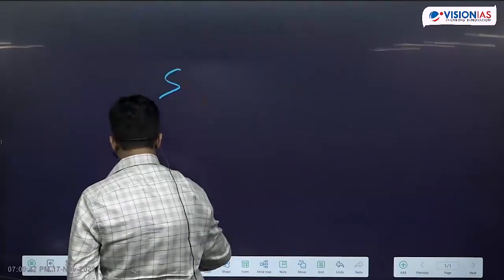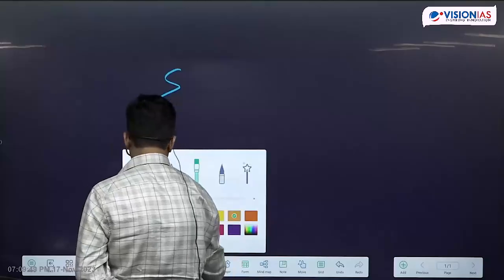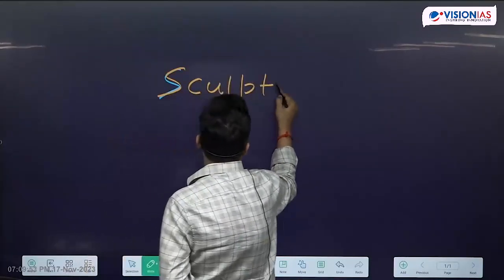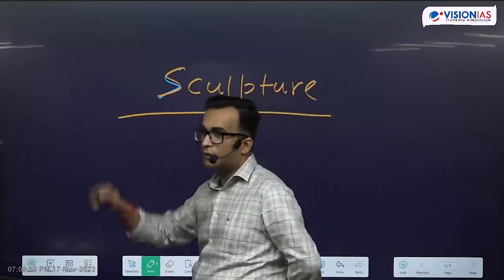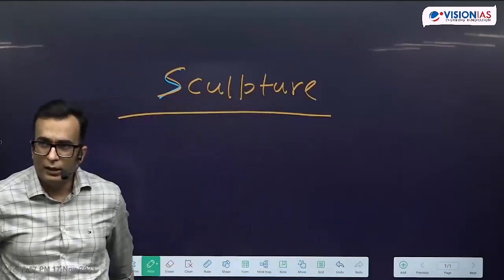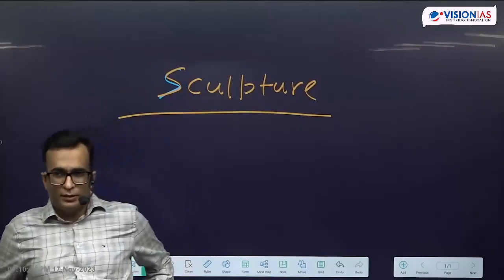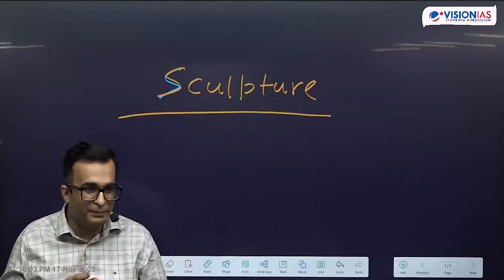So first you write sculpture of the Mauryan age. Now understand that when it comes to Mauryan sculpture, I hope you know what sculpture is, a 3D piece of art.